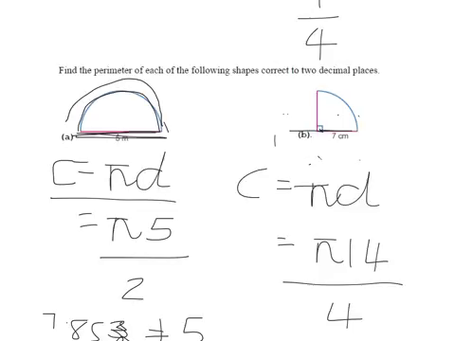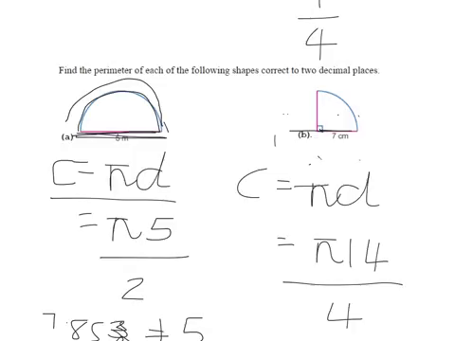So we would go pi times 14 divided by 4, and that will give us 10.995. Well, the 5 is big enough to change the 9, and the 9 will go to 0, which will bump that one up to 11.